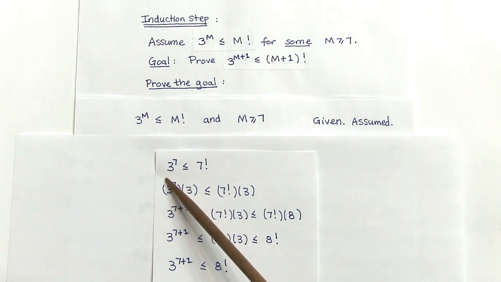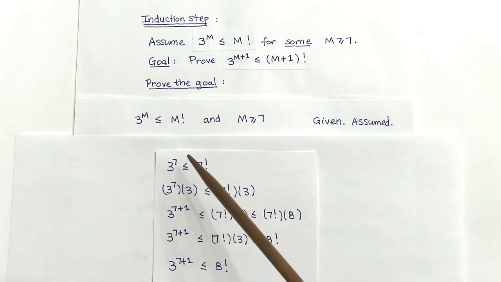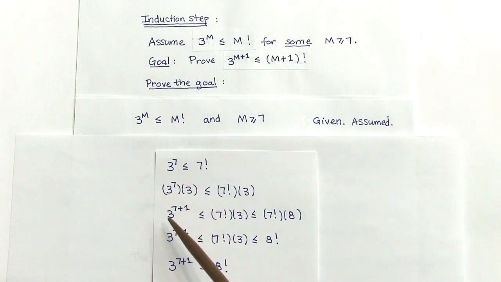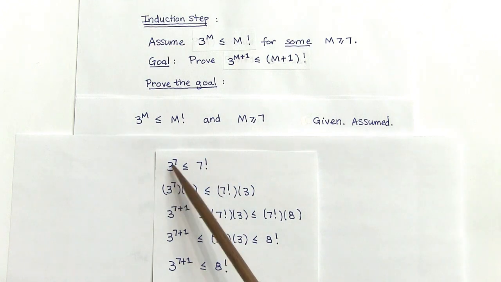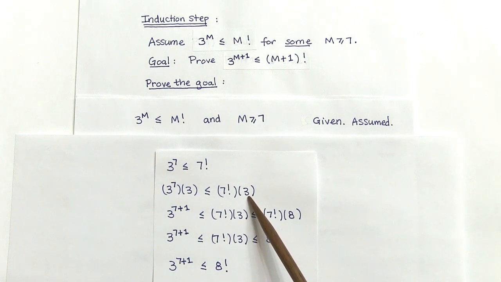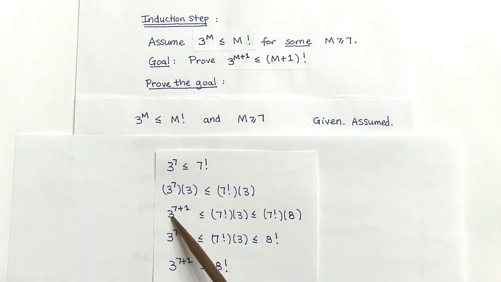We would have 3 to the 7 is less than or equal to 7 factorial, and our goal would be to get to the next step. We want to show that 3 to the 8 is less than or equal to 8 factorial. How could we do that? Now you can see why I'm inspired to multiply both sides of this inequality by the positive number 3, because that would get me from 3 to the 7th to 3 to the 8th, which is part of my goal.